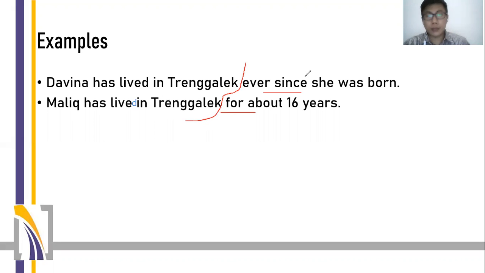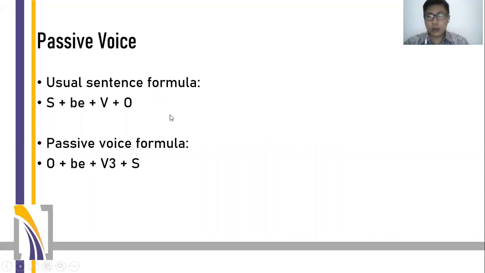Okay, let's move on to the next one, which is our last one, about passive voice. So until now, all the sentence formulas, the present tense, the past tense, even the perfect tense, use subject with be with verb.